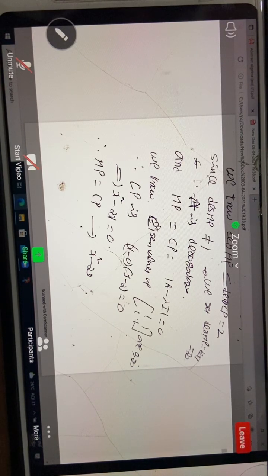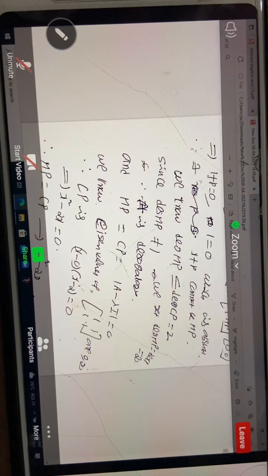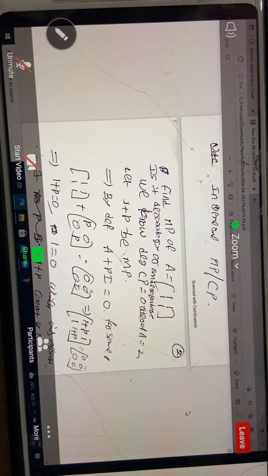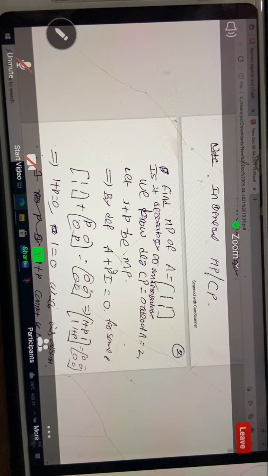Suppose the degree of MP is 1. That means suppose you are able to find a P. After finding P, if you substitute back and LHS equals RHS, then we say x plus that P is the minimal polynomial. Its degree is 1, less than 2, therefore it is non-derogatory.